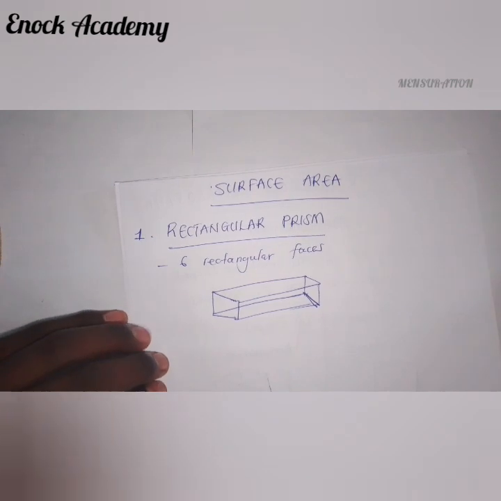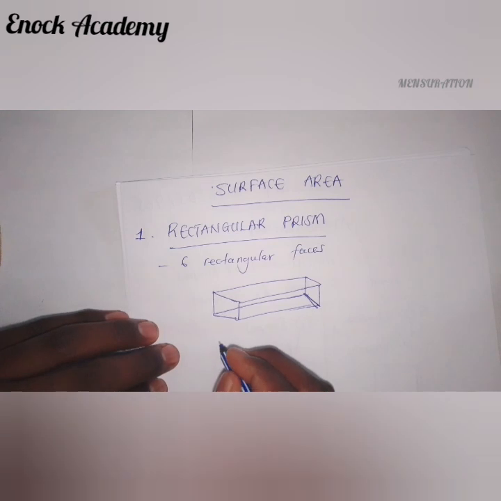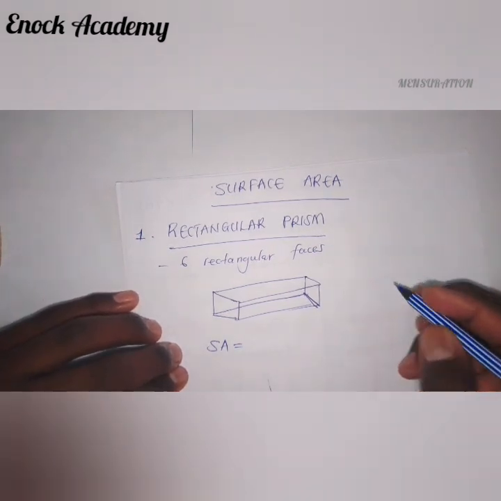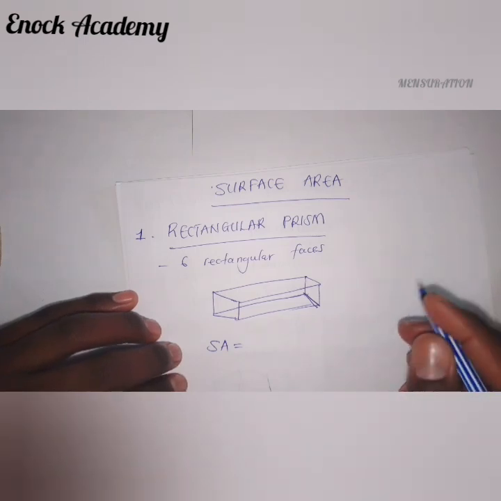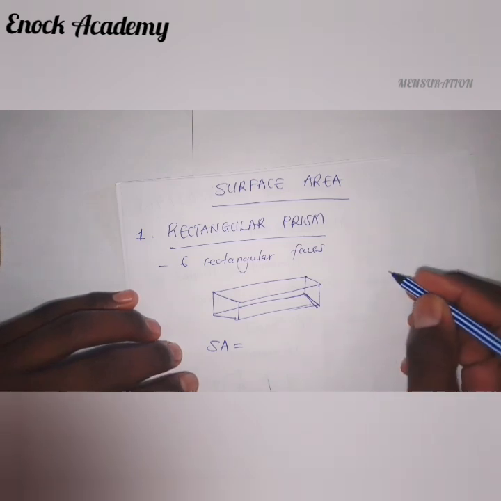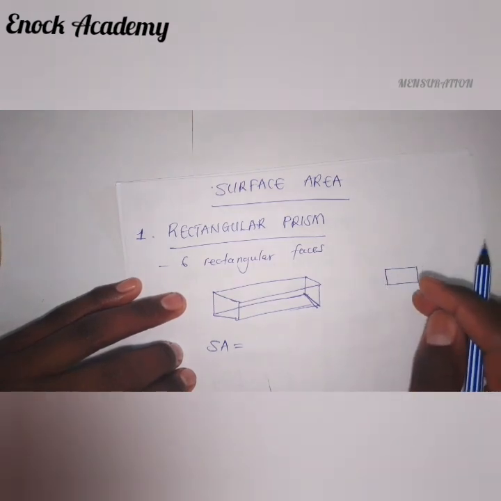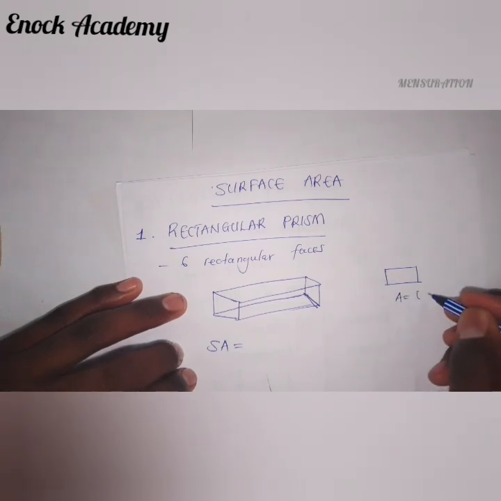So we say surface area is equal to, well, first of all, what formula do we use when we are calculating the area of a rectangle? The rectangle looks like this. When we are calculating its area, we say area is equal to length times width, this times this.